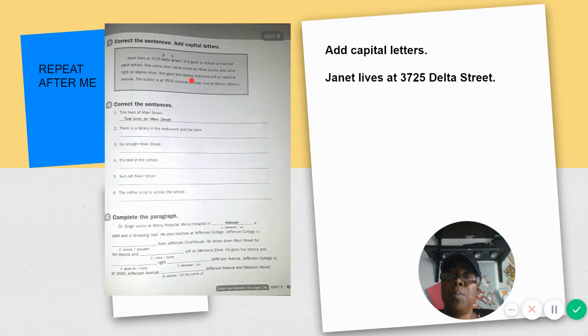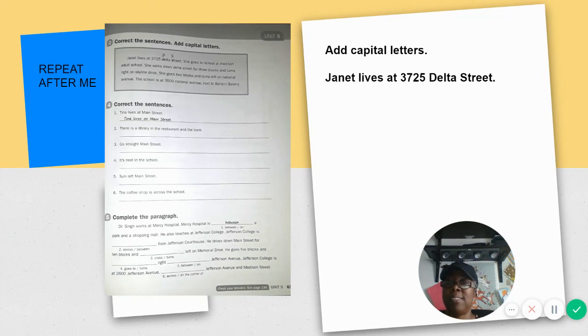She goes 2 blocks and turns left on National Avenue. The school is at 3500 National Avenue, next to Bandini Bakery. So they use a lot of prepositions of location in here, which is great.